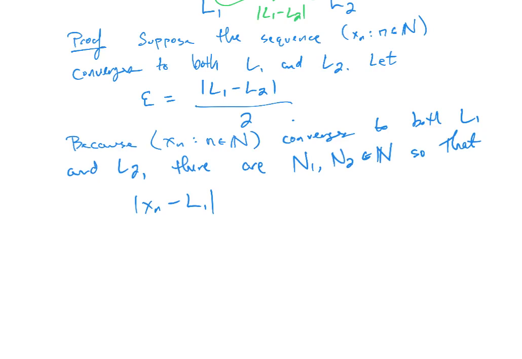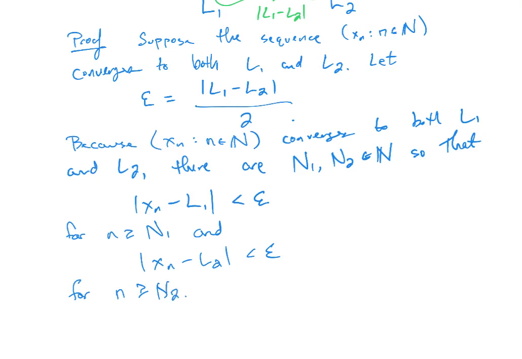So I'm going to write xn is within epsilon of L1 for little n at least capital N1, and it's within epsilon of L2 for little n greater than or equal to capital N2.